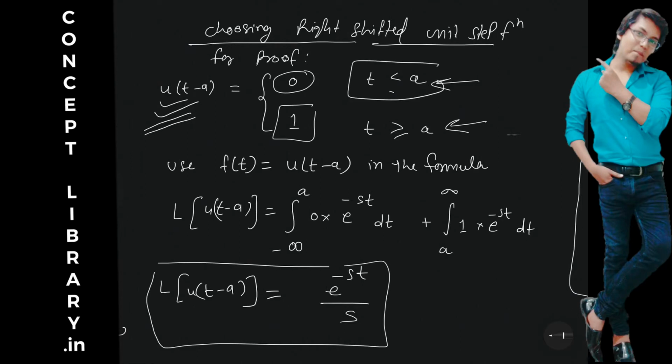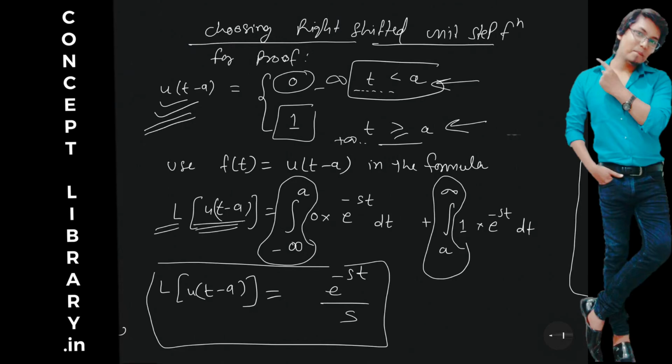Below a means till where? Below a means till minus infinity, and more than a means till plus infinity. So minus infinity to a is the first limit, and then a to infinity is the second limit. Fine. So we are taking the Laplace transformation of u(t minus a), and right now we are using it as f(t).